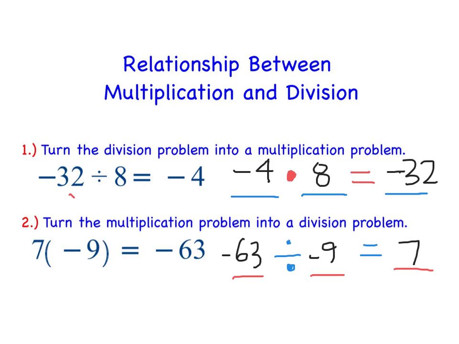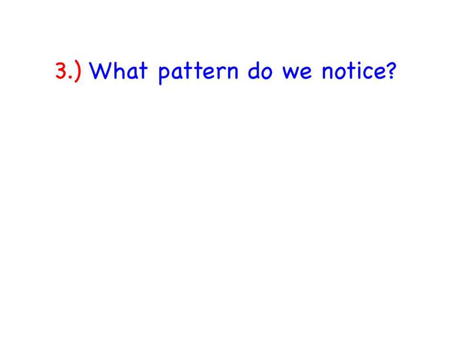All I had to do was switch these 2 numbers or these 2 numbers and then change the operation to get my new number sentence. Okay? And we're going to use this pattern to help us figure out what happens when we have division problems that involve zeros. So you can take a moment to do a quick write. What pattern do we notice from those 2 previous examples?